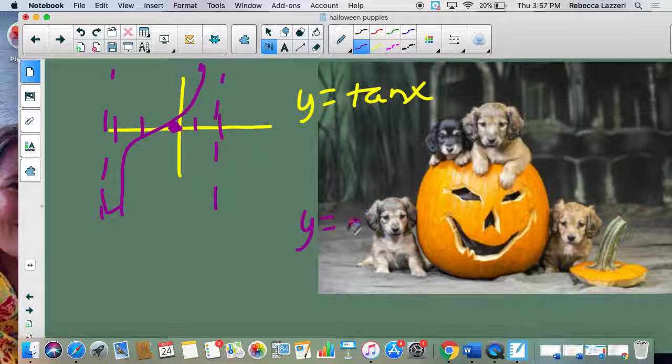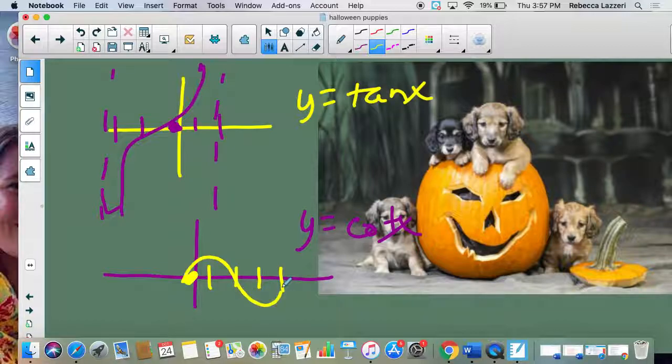A regular cotangent graph without any shifting: your phase shift would start right here, and you would go 1, 2, 3, 4, just like you were about to draw a sine or cosine wave. Don't divide it up. But you'll go 1, 2, 3, 4, asymptote, asymptote, dot in the middle. Immediately after you leave your target, your phase shift, go up and go like this.